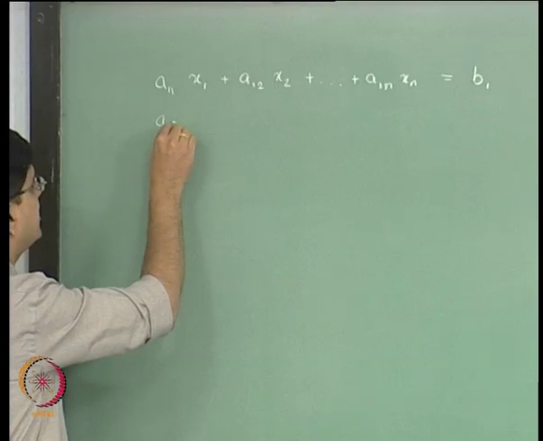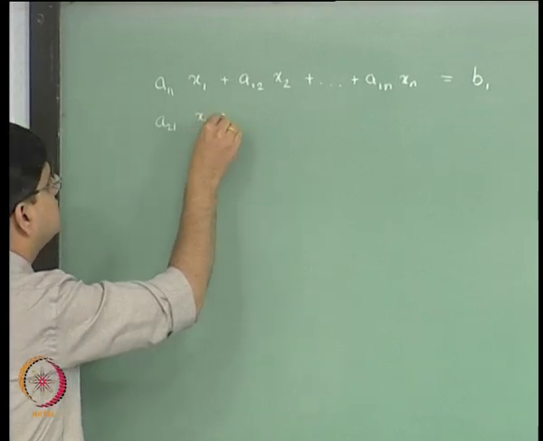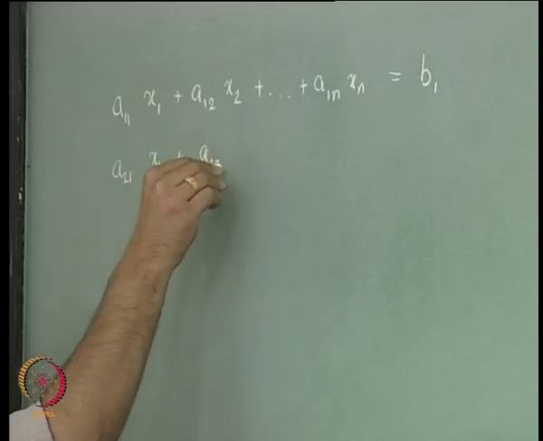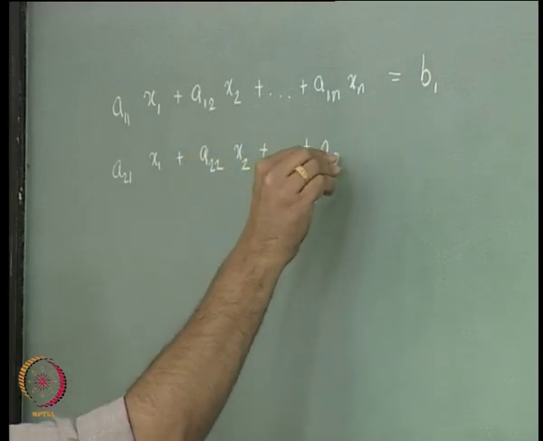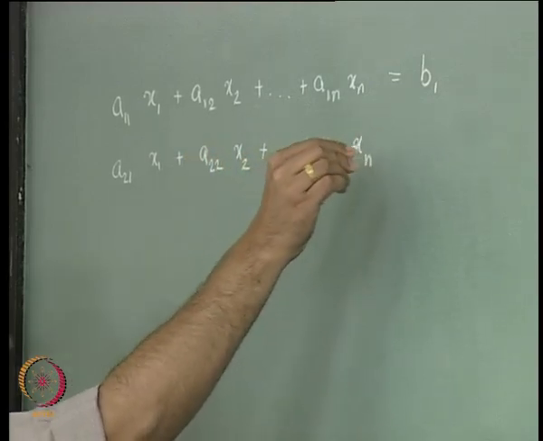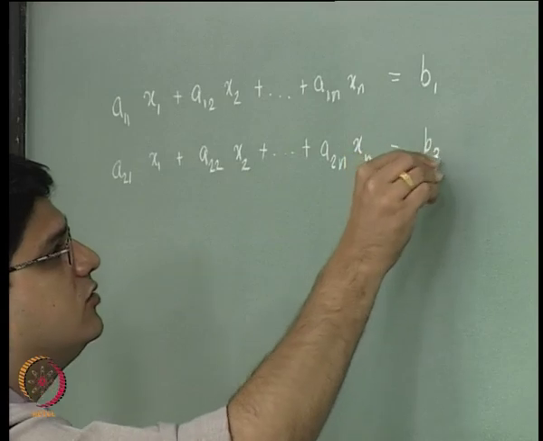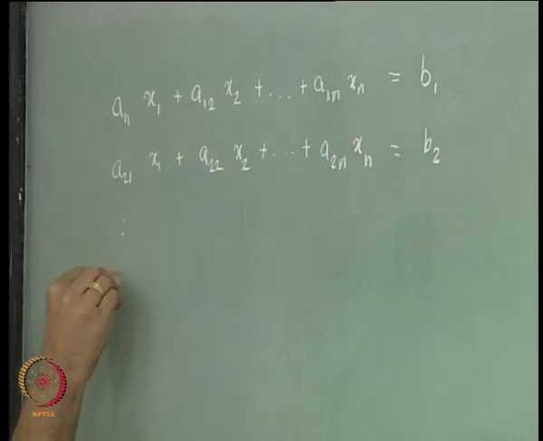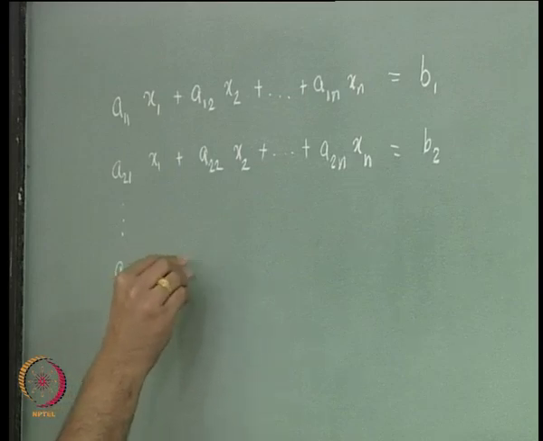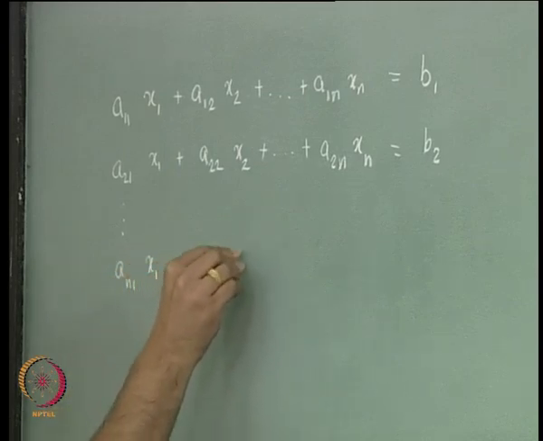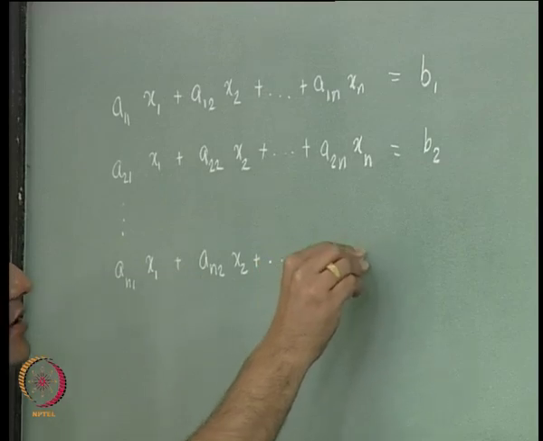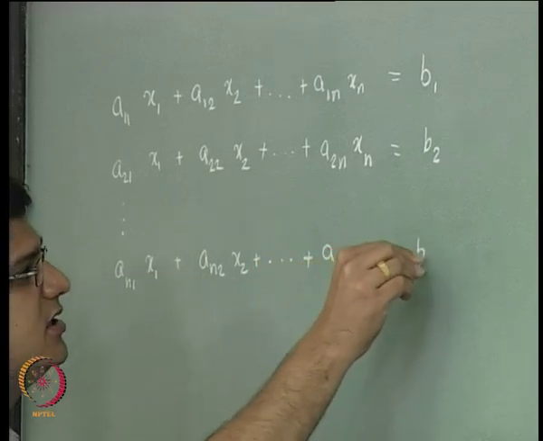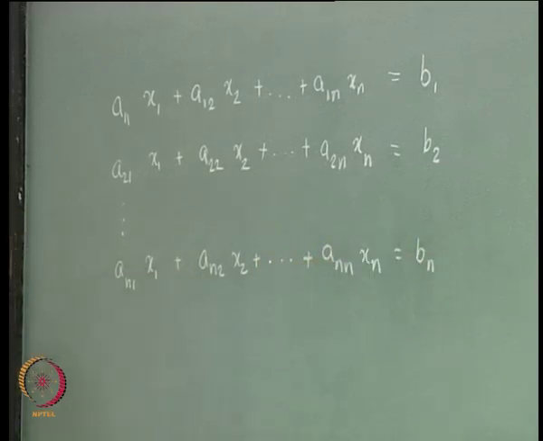Likewise, we will have the second equation as a21 x1 plus a22 x2 and so on up to a2n xn equal to b2, and the nth equation of course would be an1 x1 plus an2 x2 and so on up to ann xn equal to bn.